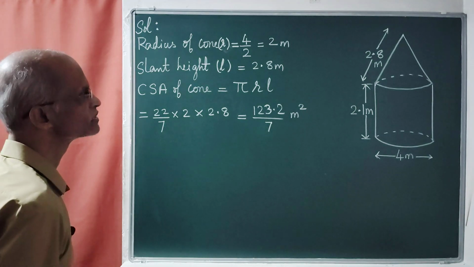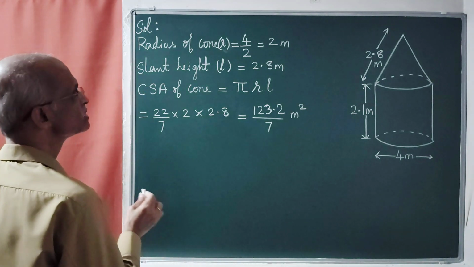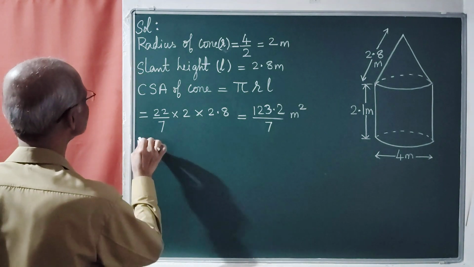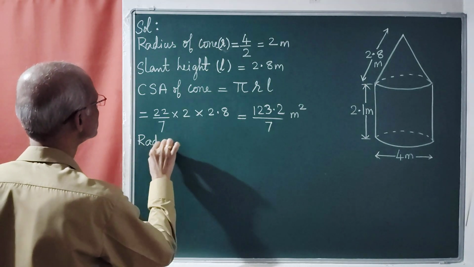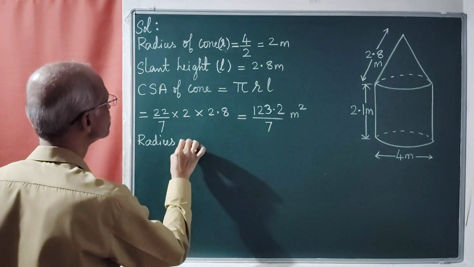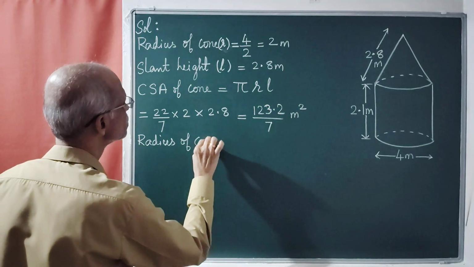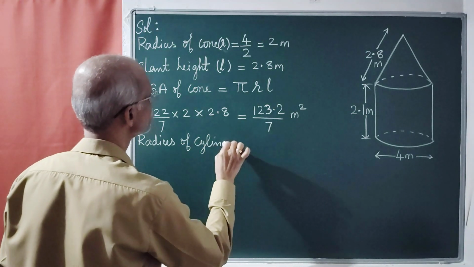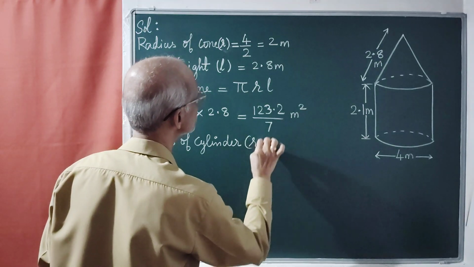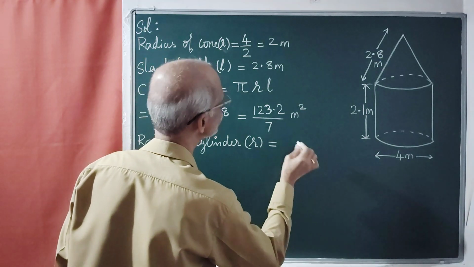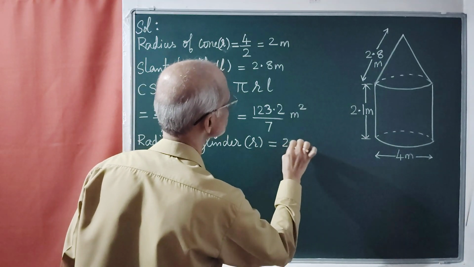Now coming to the cylinder. Radius of cylinder R is also 2 meters.